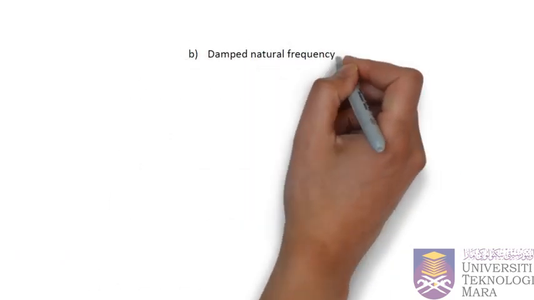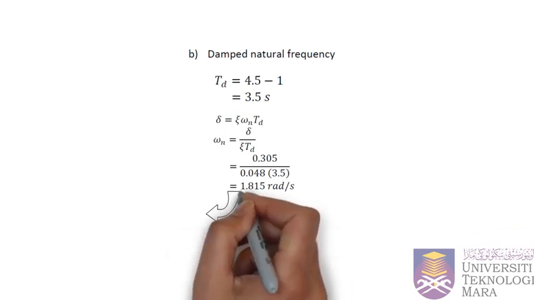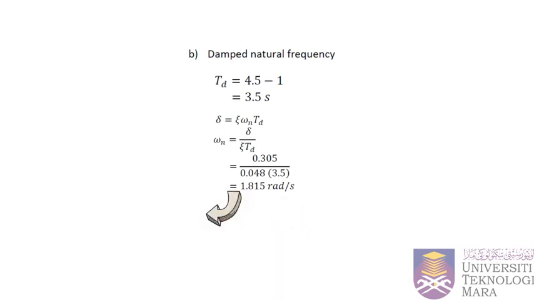The next question is to find the damped natural frequency of the system using the equation TD, or period of damped vibration, which is equal to 3.5 seconds. We substitute into the formula omega n equal to delta over zeta TD, and we get natural frequency equal to 1.815 radian per second.